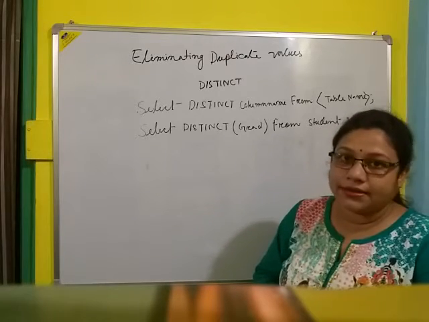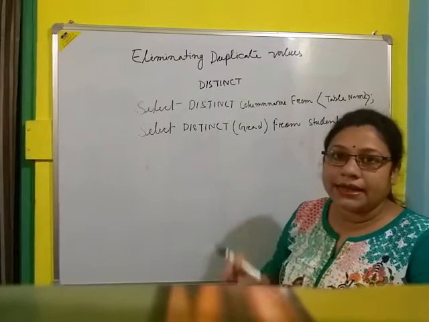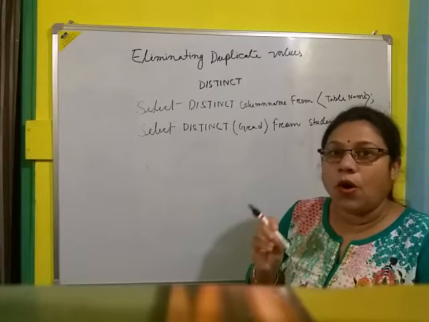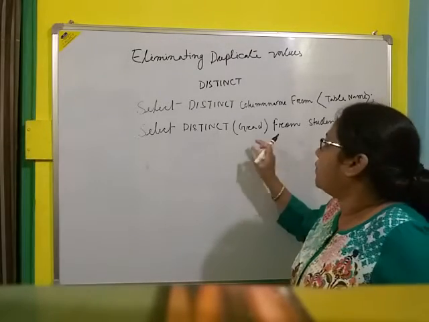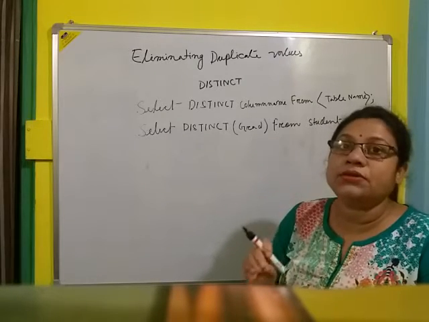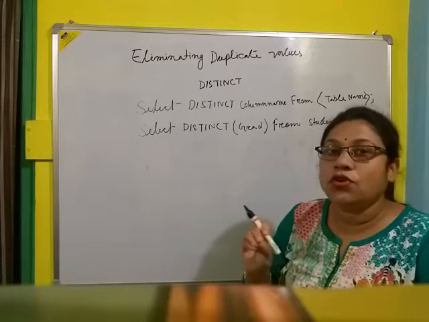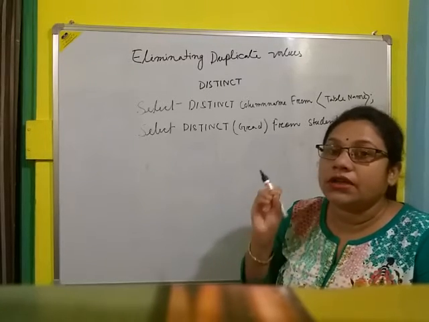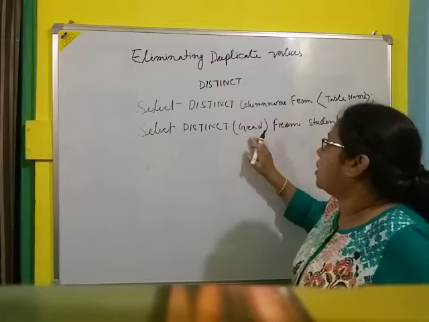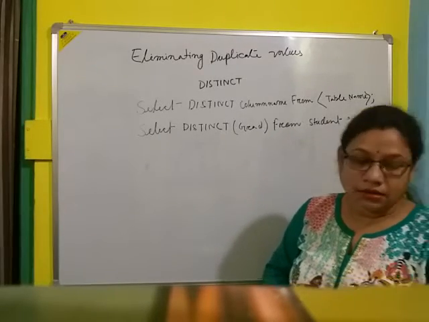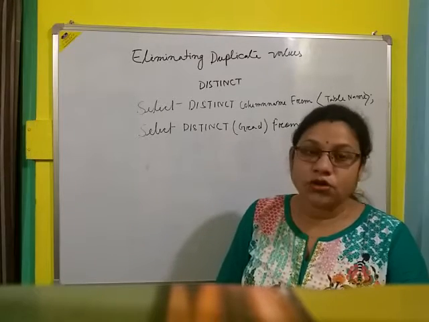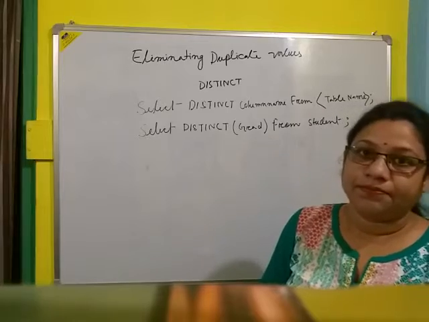When you write this SQL command, it deletes all the duplicate values from the grade field and only displays the unique values that have no duplicates. You can see the example in your book, figure 12.25.